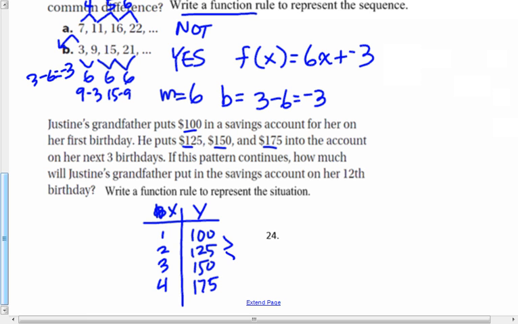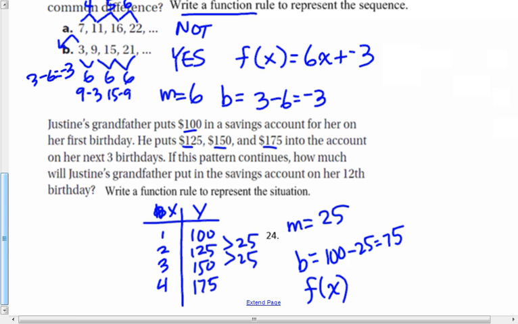We can see a common difference here, 25. And our 0th term would be, so our M is 25, and our B is our 0th term, which would be 100 minus the common difference, which is 75. So our rule for how much he gives her is f of x equals 25x plus 75.